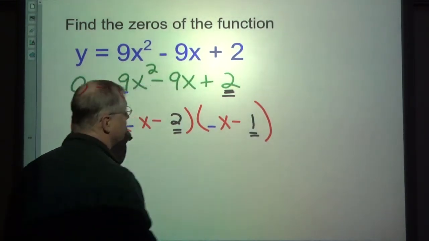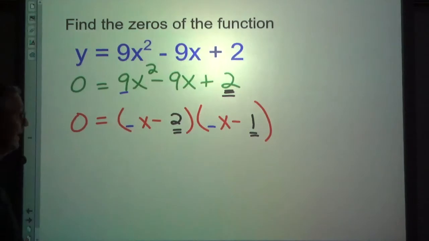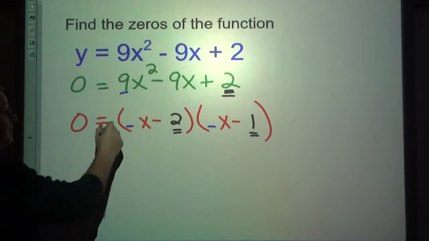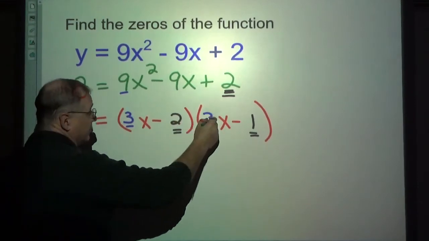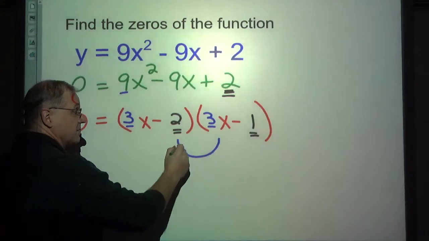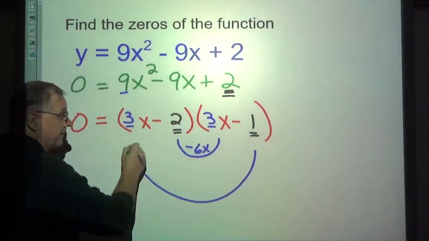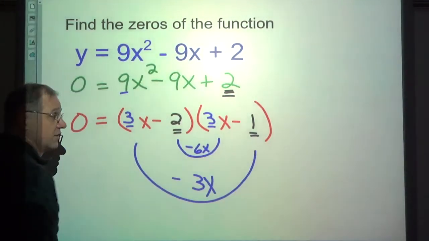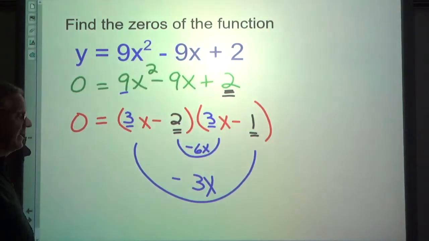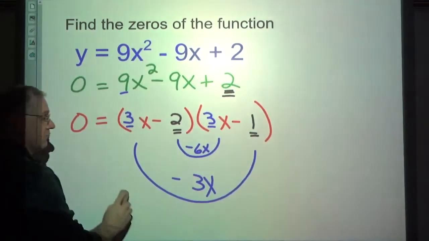Now, for 9, we could use 3 and 3 or 9 and 1. I believe 3 and 3 is the correct option here. We check with smiley face, negative 6x, negative 3x. Sure enough, that adds up to negative 9x is what we want. I'm going to get rid of that.